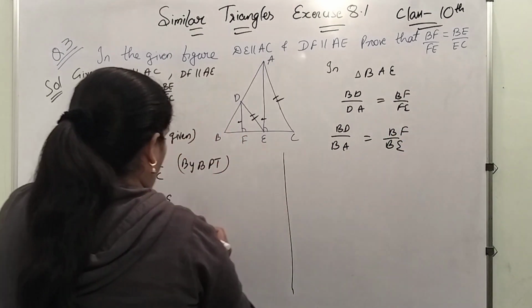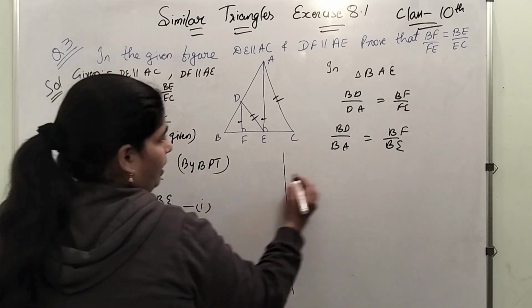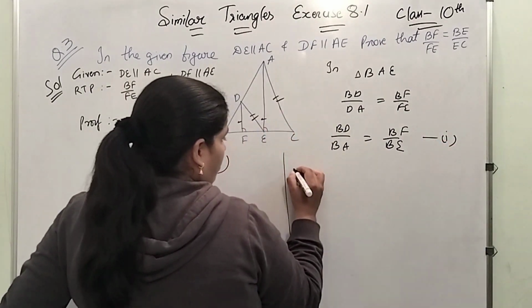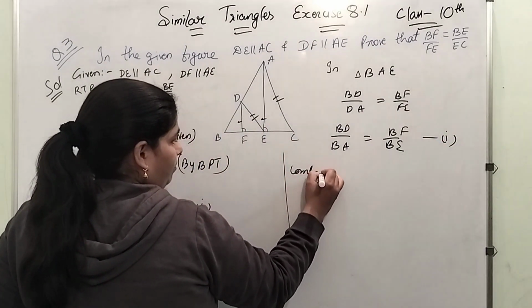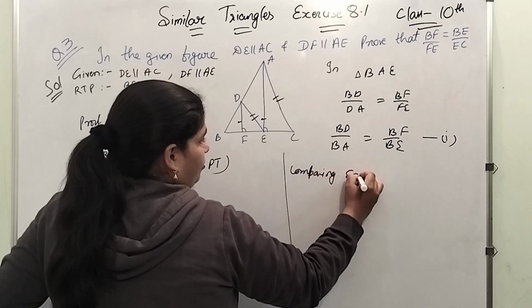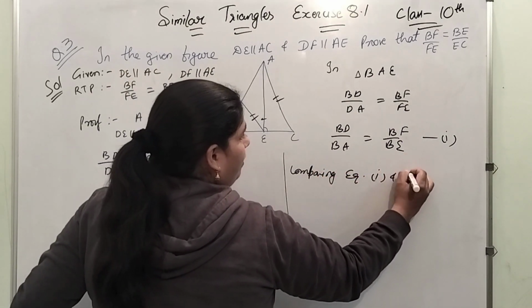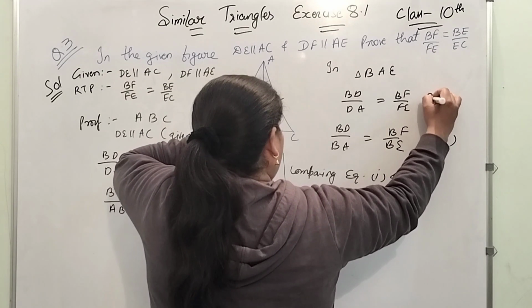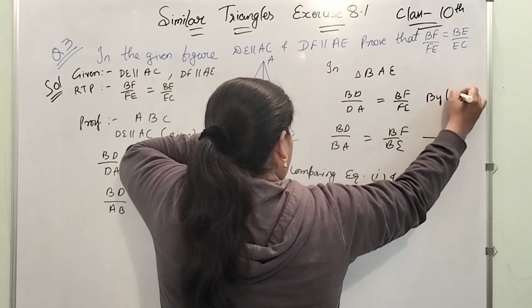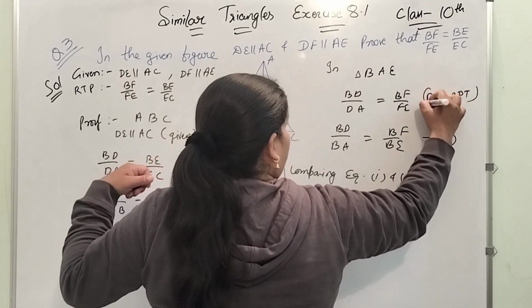Now, let us take this as 1 and this as 2. On comparing equation 1 and 2. Here the reason is by BPT.